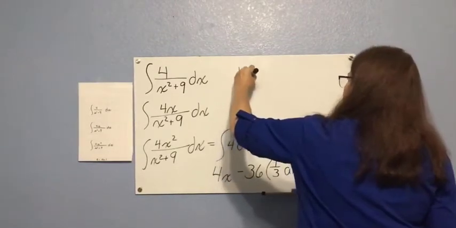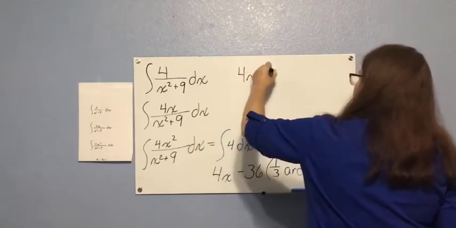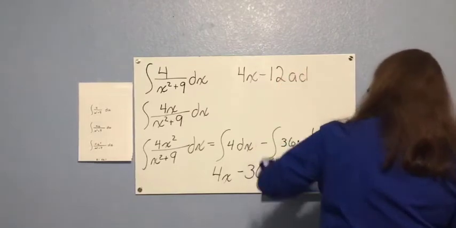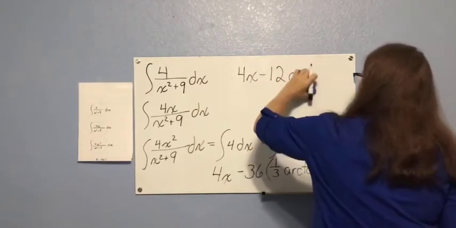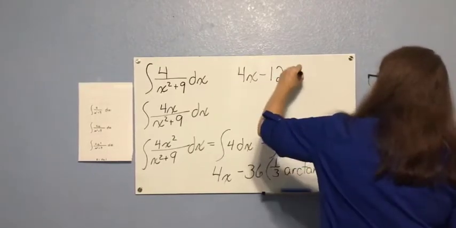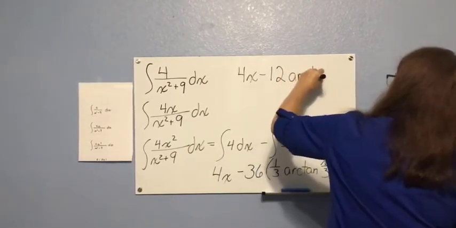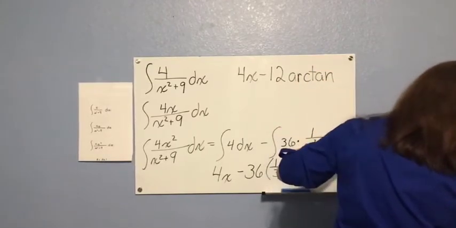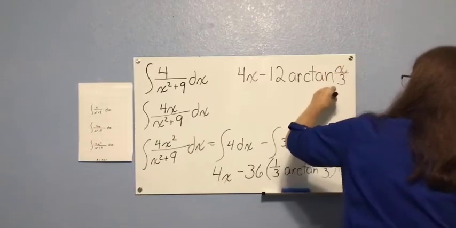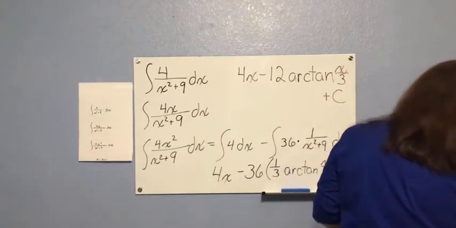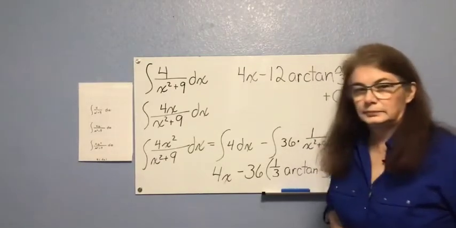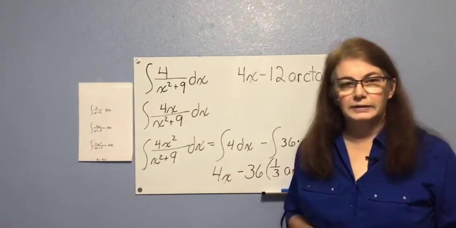So I have 4x minus 12 arctan, not actan. Okay, and there you have it.